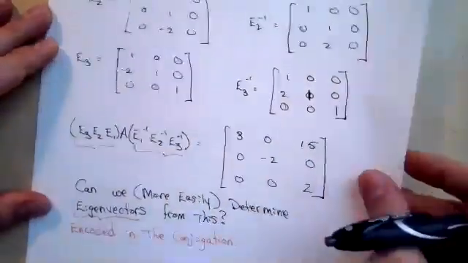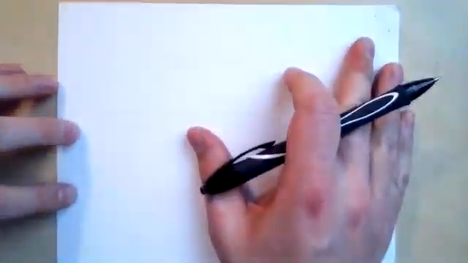So I don't think we've defined that. We've defined symmetric matrices, anti-symmetric matrices, triangular, upper triangular.